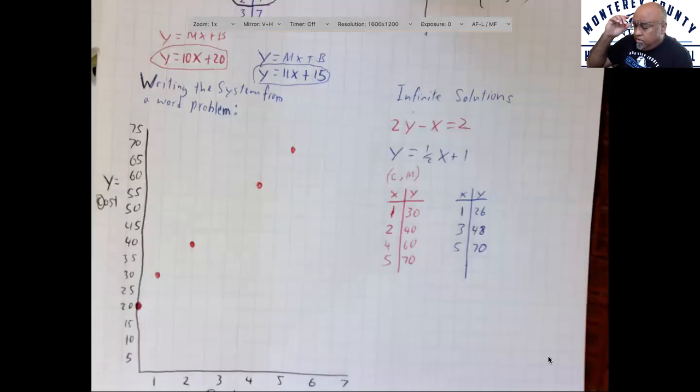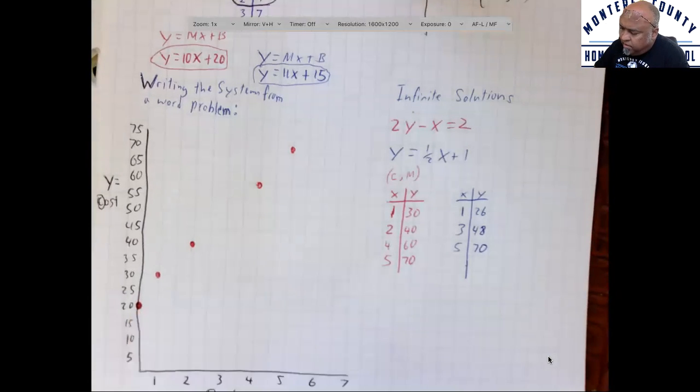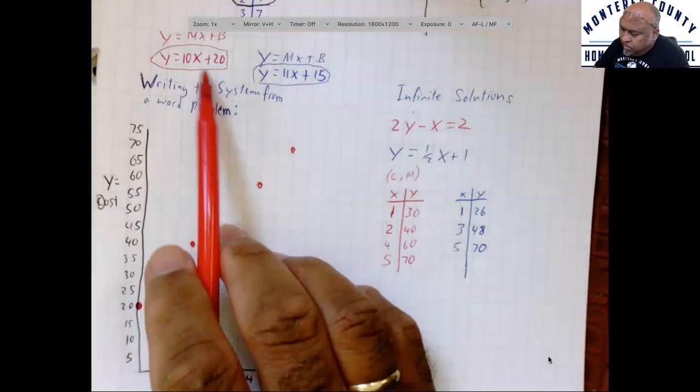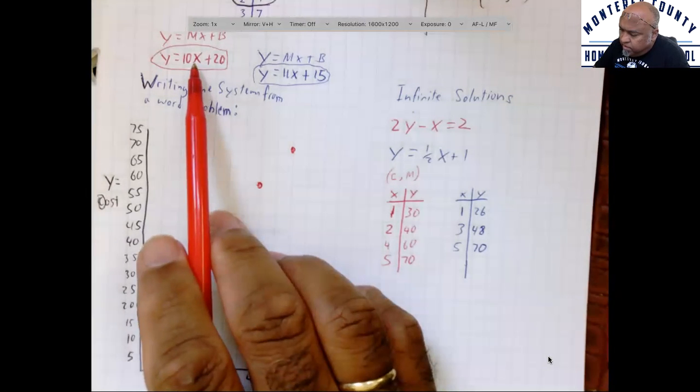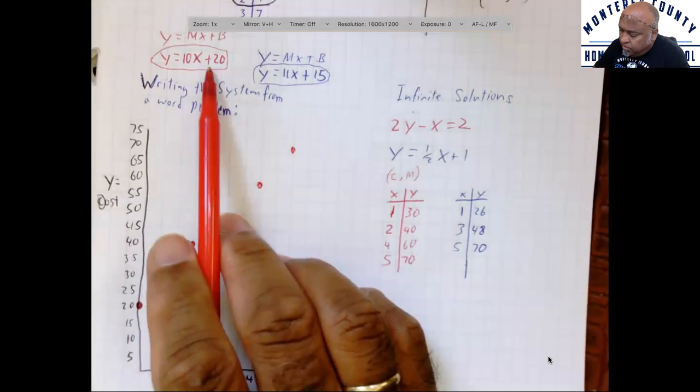Okay, so clearly it looks like I am making a line here other than my first point. Let me see if I can figure out. So that was 0 times 10 plus 20.